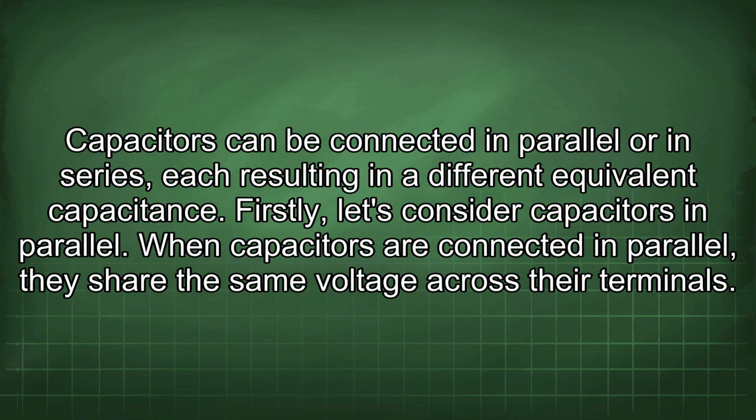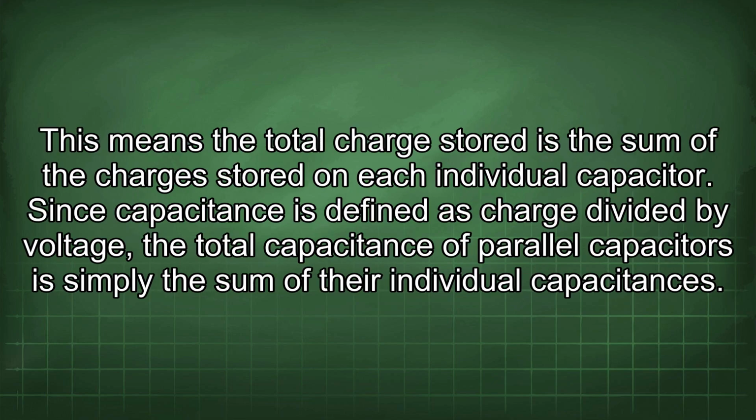Firstly, let's consider capacitors in parallel. When capacitors are connected in parallel, they share the same voltage across their terminals. This means the total charge stored is the sum of the charges stored on each individual capacitor. Since capacitance is defined as charge divided by voltage, the total capacitance of parallel capacitors is simply the sum of their individual capacitances.